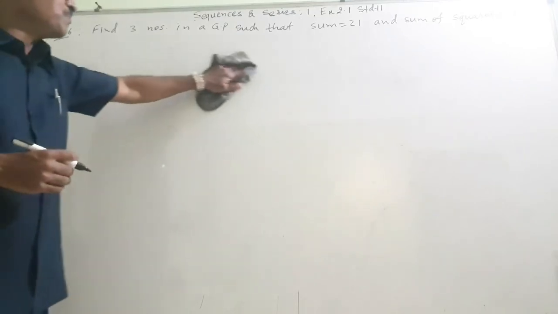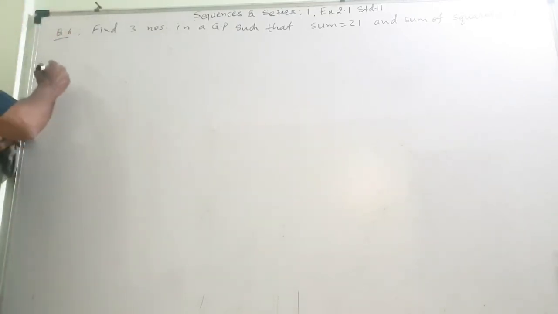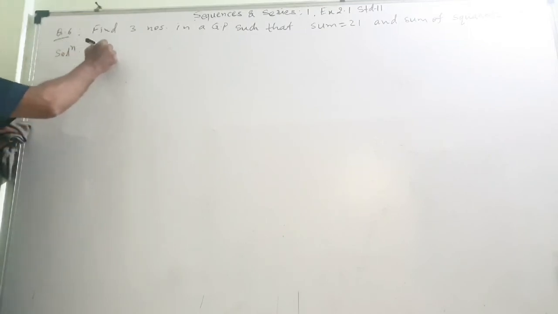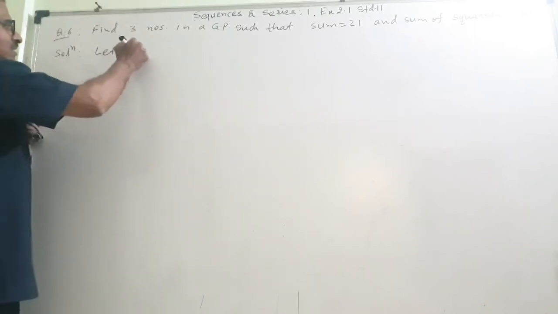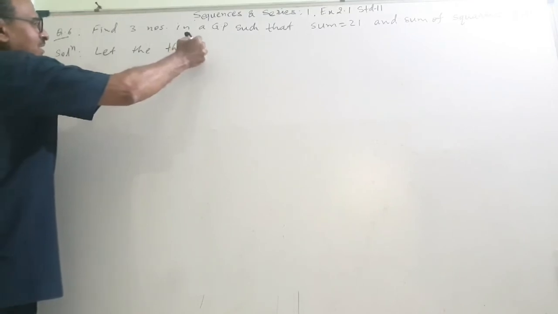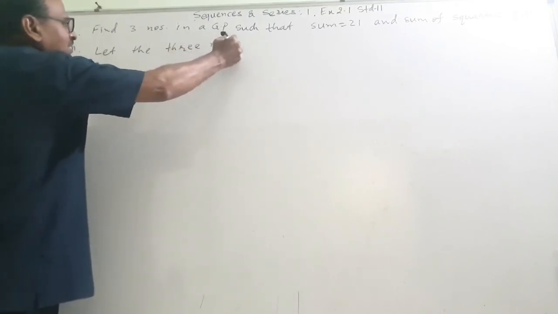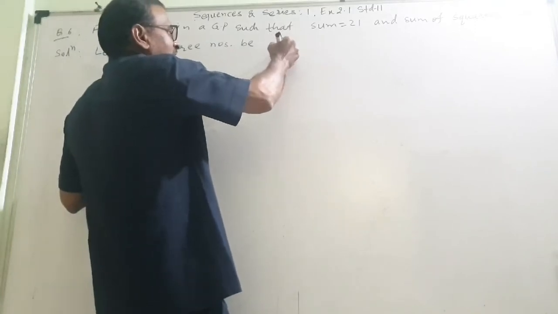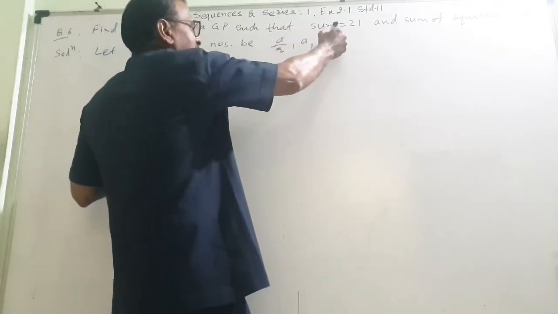Now it is a GP, so how to arrange that? Assume that the 3 terms be A upon R, A and AR.